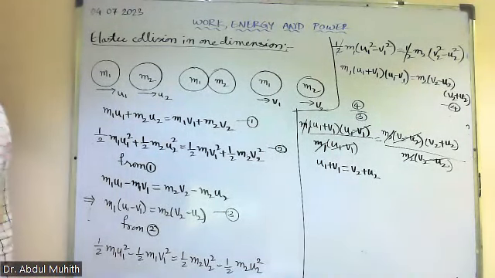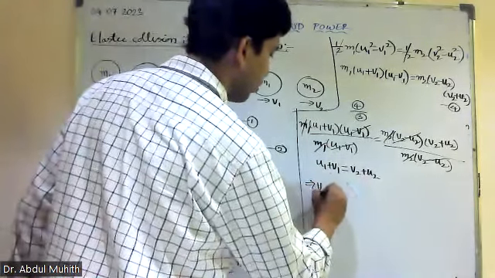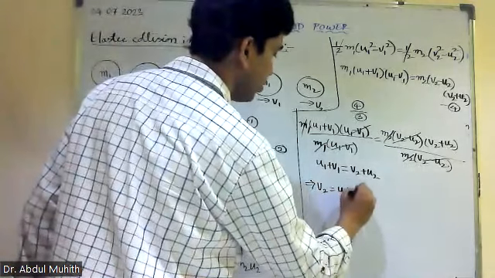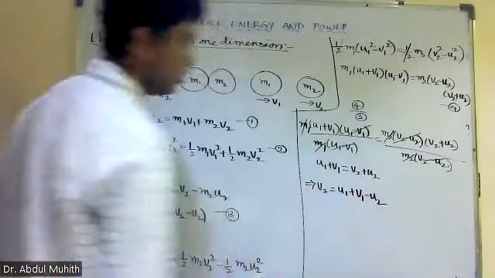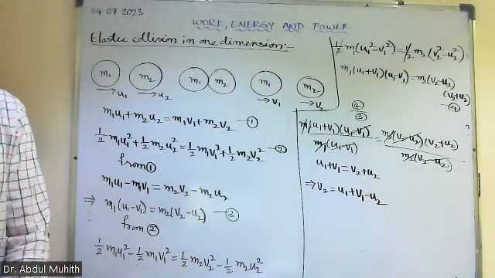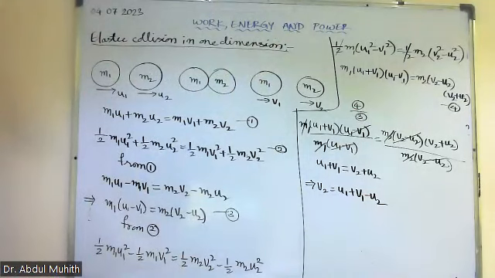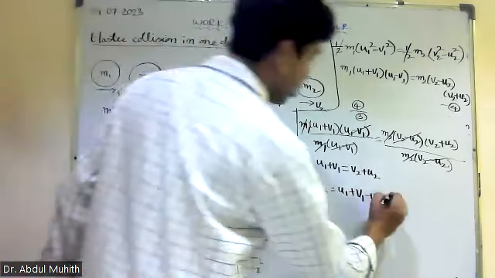What I'm going to do now? V2 equal to how much? V2 equal to U1 plus V1 minus U2. This is the V2 value. Now, once I'm done with this, I'm going to substitute in the first equation again. Let it be equation number 5.